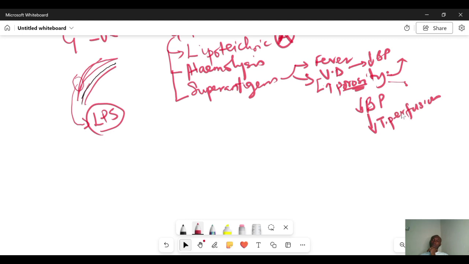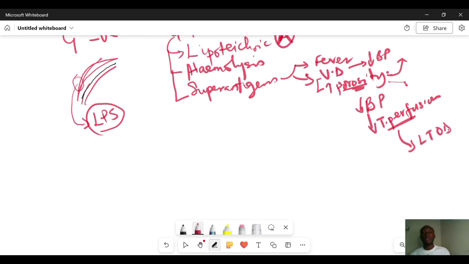With this decrease in tissue perfusion, it simply means that the peripheral tissues are not getting adequate blood to meet their metabolic demands. So this is one of the things that can lead to life-threatening organ dysfunction in sepsis.